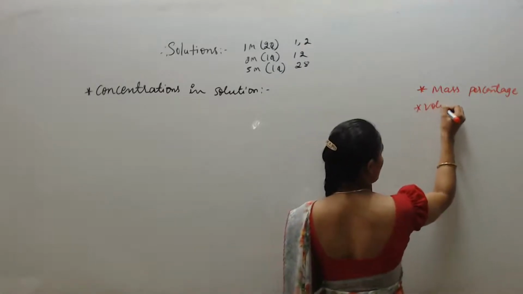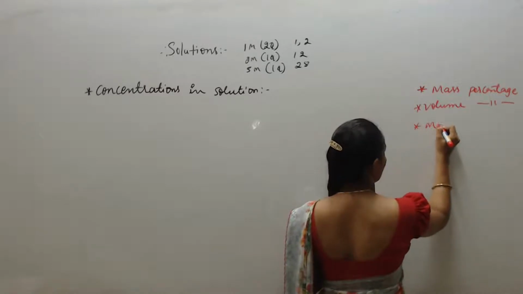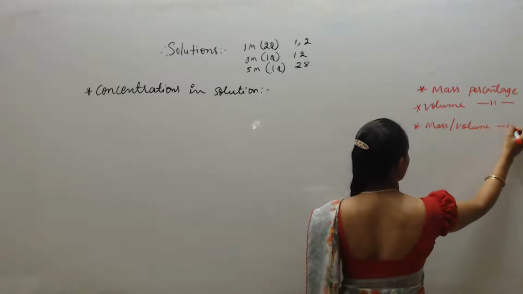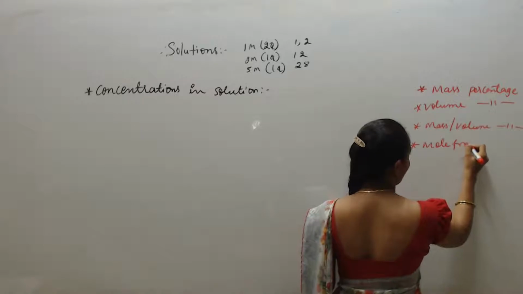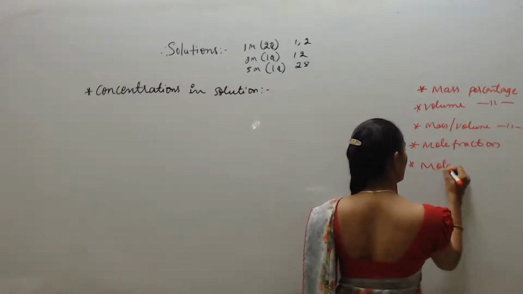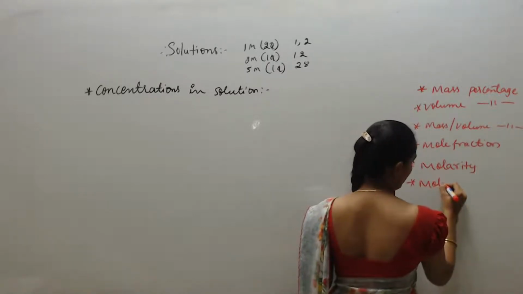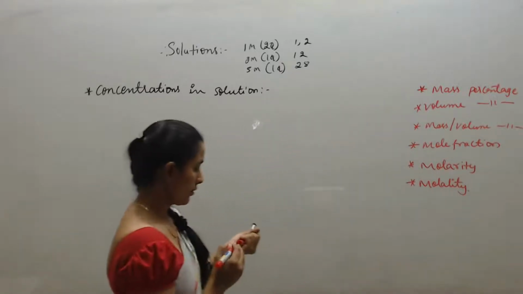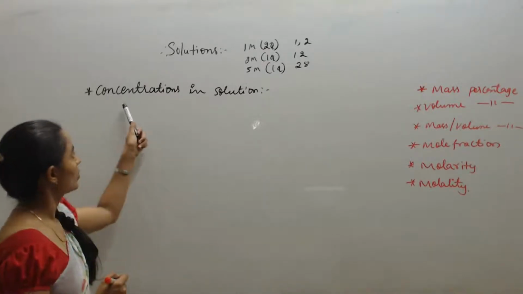Next, volume percentage, mass per volume percentage, mole fraction, molality. So these are all the concentration terms which we are going to use to tell about the concentration of the solution.